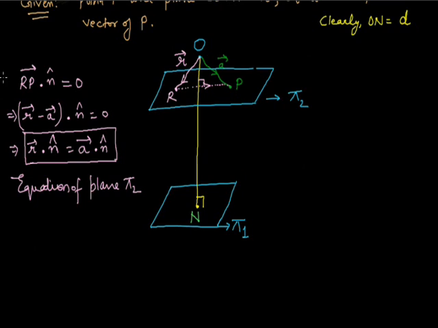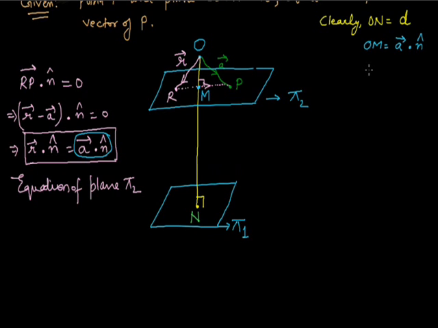From the vector equation of a plane, we say that this quantity on the RHS is the distance of that plane from the origin. Suppose this point is M. So can I say the distance of the origin from pi2 is going to be a vector dot n cap? Here we had ON equals d and now we have OM equals a vector dot n cap.